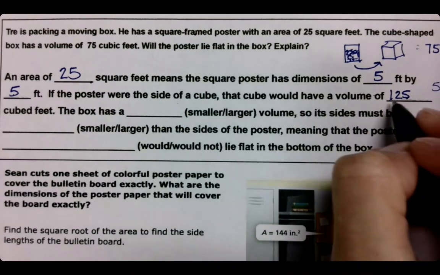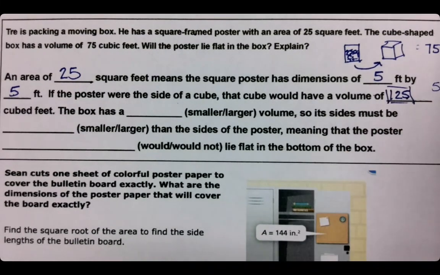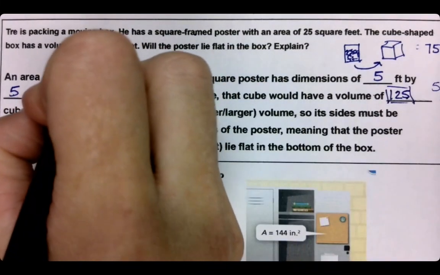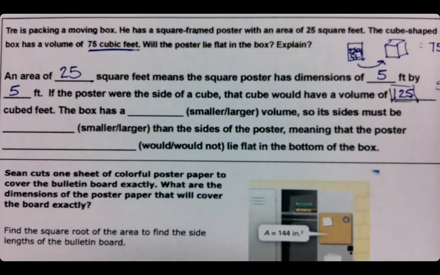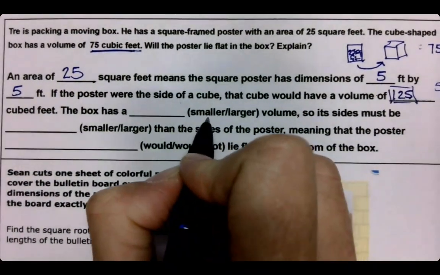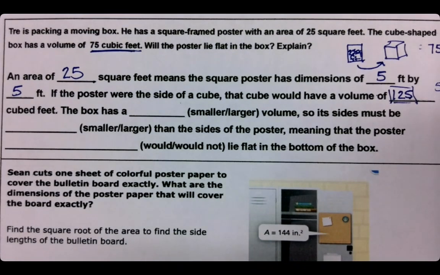So if we're looking at a volume of 125 for the poster and our volume of our box is 75, is the box smaller or larger in volume?